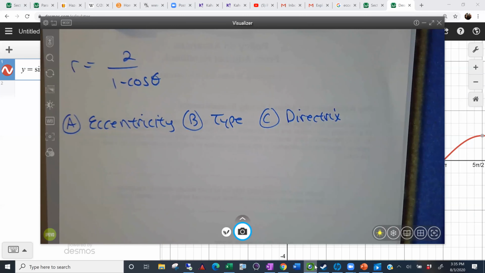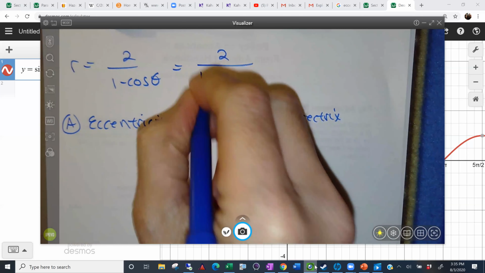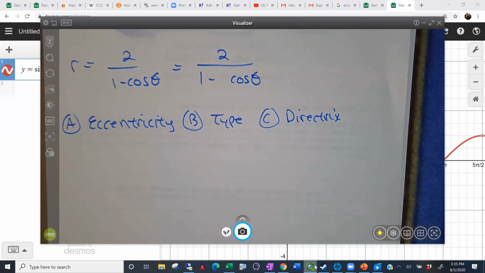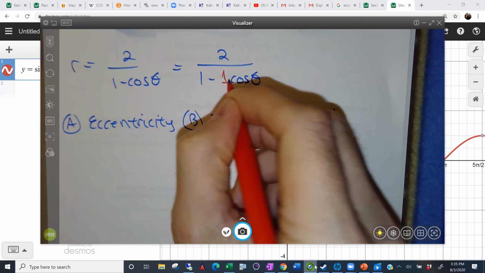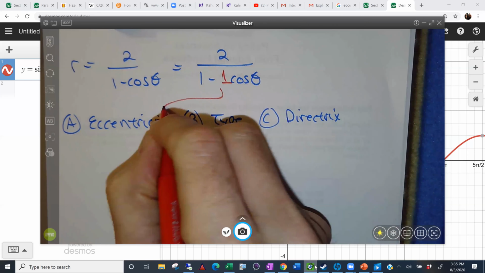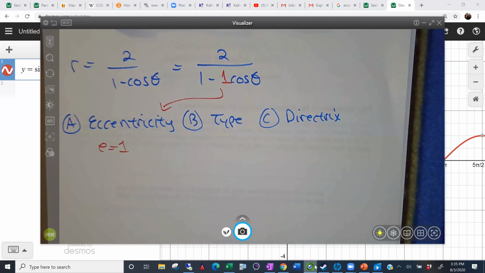Someone help me out here. What's the eccentricity? 1, maybe 1. Yep. It's not really written, but it's understood to be a 1. E equals 1. All right. If E equals 1, what type of conic section is this?